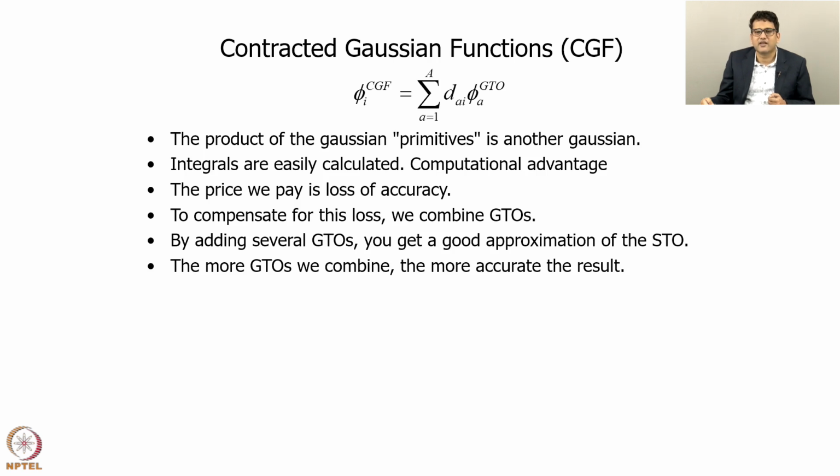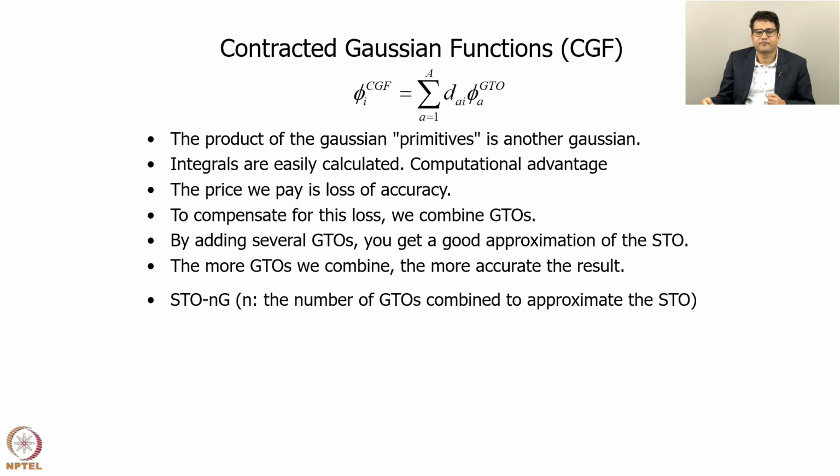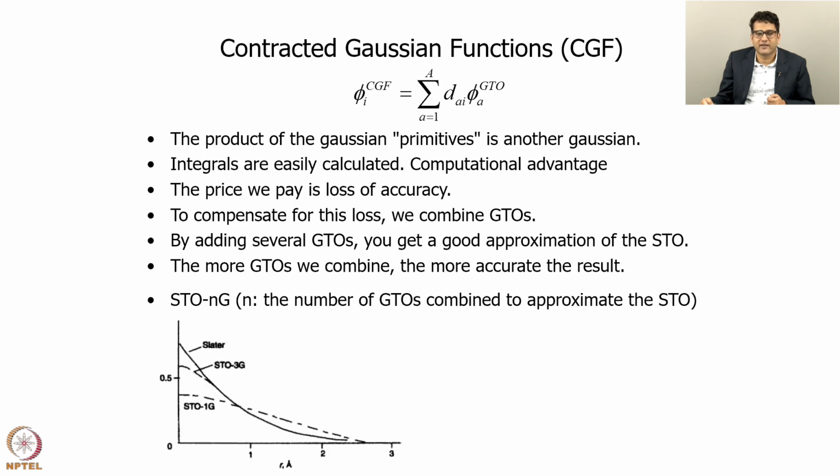Therefore, it is essential to know the nomenclature, how primitive Gaussians and contracted Gaussians are named, so you can make an informed decision about what kind of orbitals you need for your calculations. The first one, which we have already discussed, is STO-NG, a Slater type orbital obtained from N number of GTOs, which is what is called a minimal basis set. We have seen that I take three Gaussian orbitals to make an STO-3G basis set.